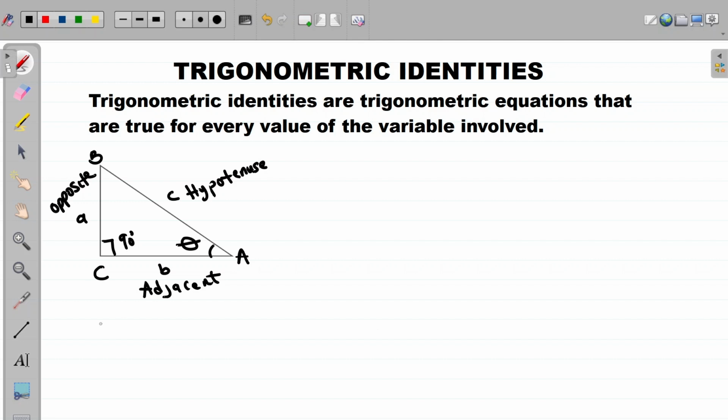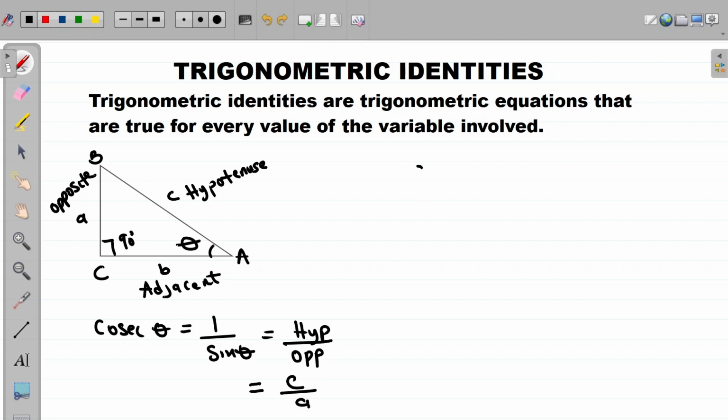Also, we can establish that cosec theta is equal to 1 divided by sine theta, which is equal to hypotenuse divided by opposite. From the figure, our hypotenuse side is given as C and our opposite side is given as A. Sec theta is given as 1 divided by cos theta, which can also be expressed as hypotenuse divided by adjacent.